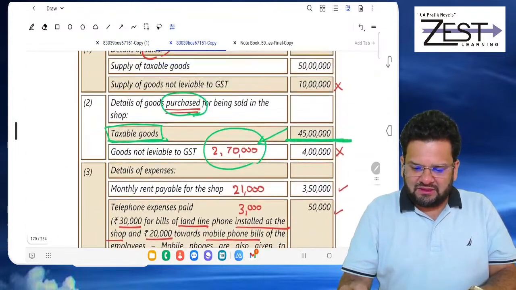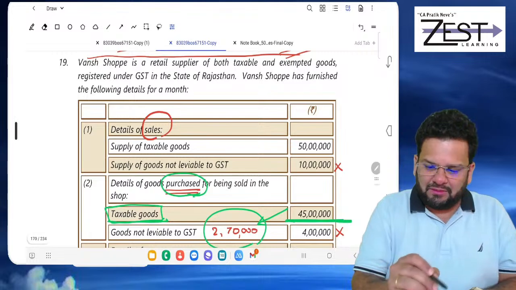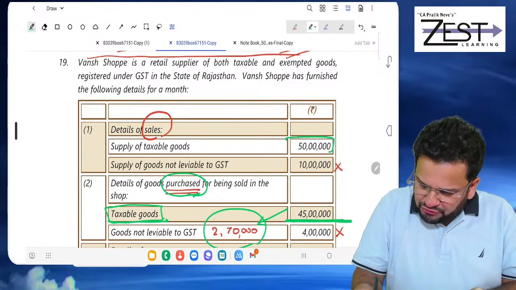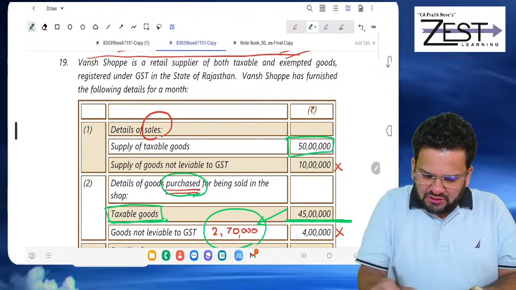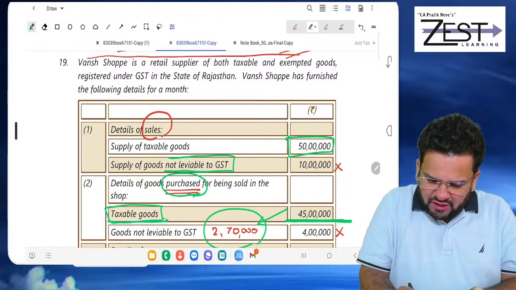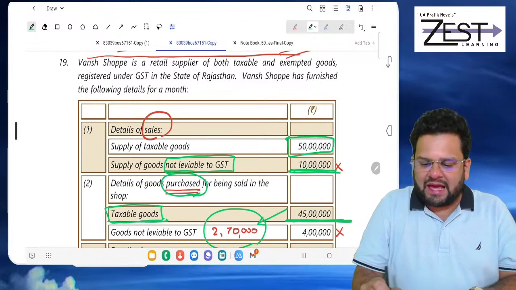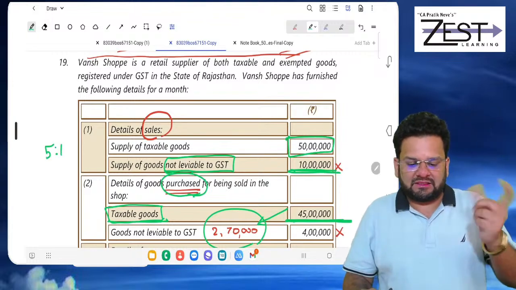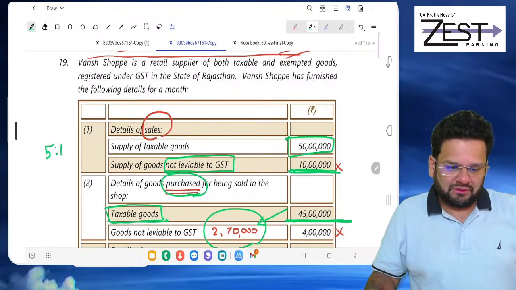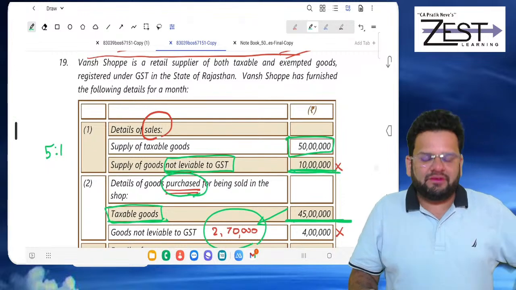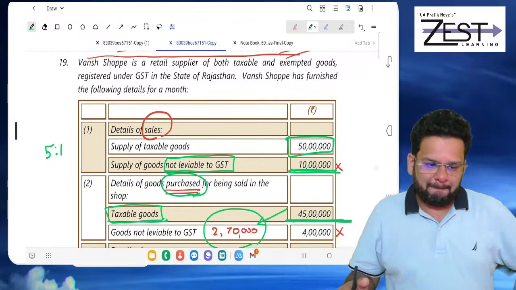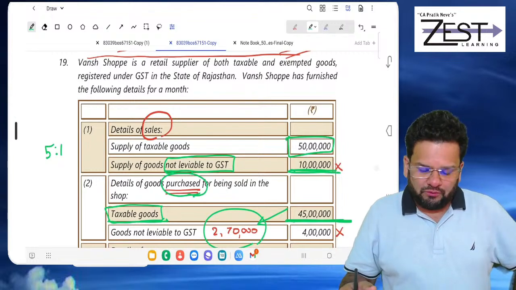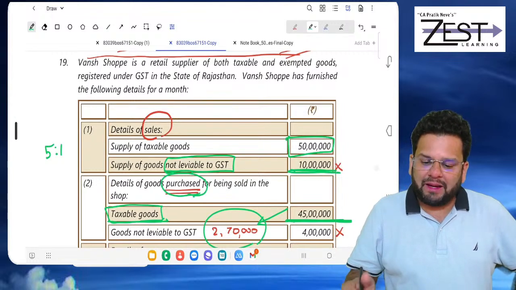Your sales which are taxable is 50 lakhs and your sales which are not leviable to GST is 10 lakh. So can I say it is 5:1? Taxable is to exempt. See, not leviable to GST means exempt only. So can you do into 1/6?